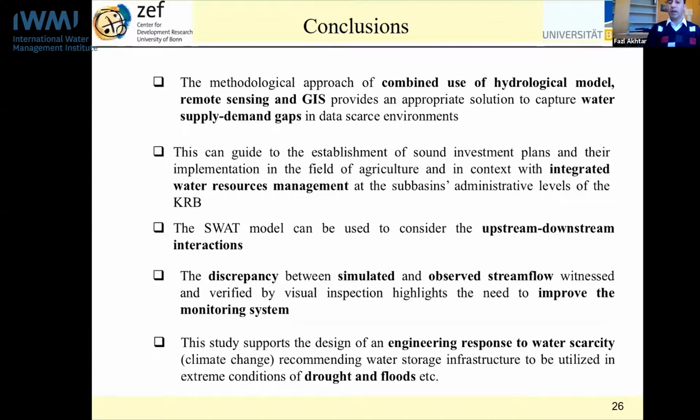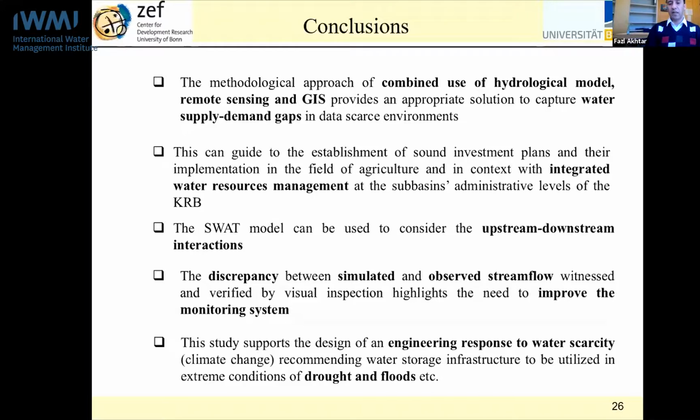So really an engineering response to the future water scarcity during the peak demand period, for example. If most of the water flows in a period which, okay, we didn't need it maybe, but during the irrigation period, we might need it for irrigating our crops.